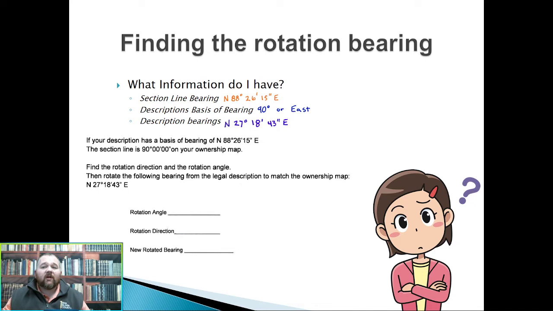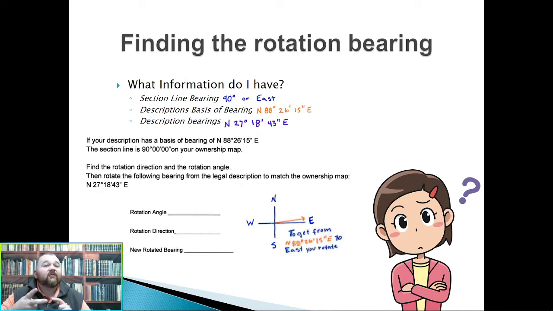So, first of all, let's take what we know out of that. Our section line bearing is actually, that's wrong. Yeah, those are flipped. So that's okay. I realize that we flipped it. So realize which ones you have.